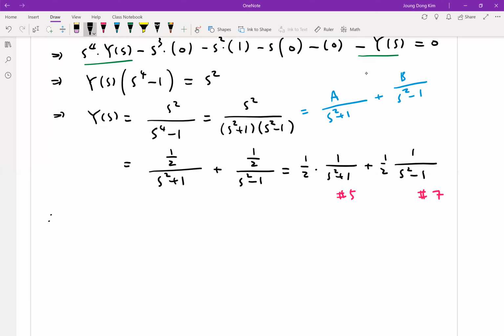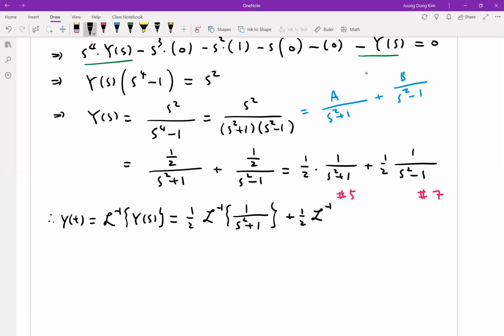Now my solution curve, which is the inverse Laplace transform of Y of s, is equal to 1/2 the inverse Laplace transform of 1 over s squared plus 1 plus 1/2 the inverse Laplace transform of 1 over s squared minus 1. Okay, then when you compare with the table, it is just sine t, but the second one is hyperbolic sine of t.